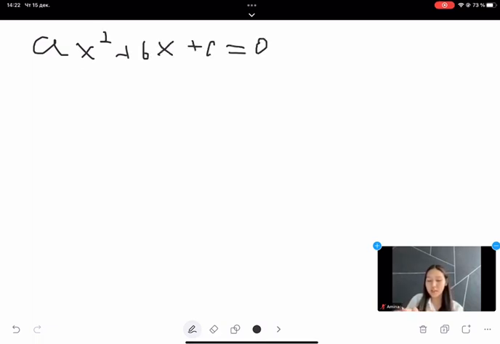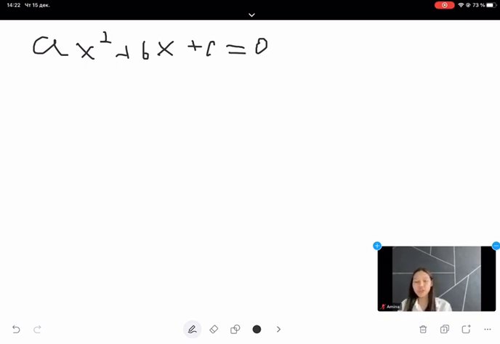First, factoring. We can write ax squared plus bx plus c equals 0 as a product of two linear factors, then we can easily solve the equation. To solve a quadratic equation by factoring, follow these steps.